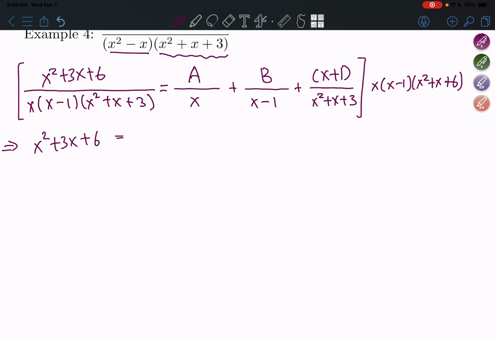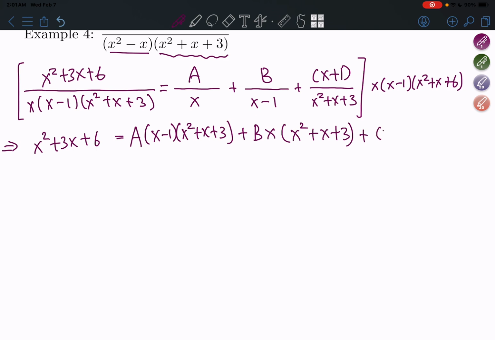And on the right-hand side, I have a times x minus 1, x squared plus x plus 3, plus b times x times x squared plus x plus 3, plus cx plus d times x minus 1. Boy, that's a lot of writing.